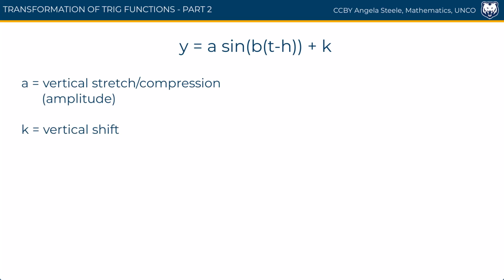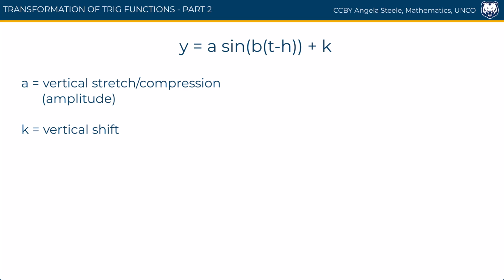In trig, we refer to that as the amplitude. I'm going to jump over to k. The k is the vertical shift, which in trig refers to the midline. Notice that both the a and the k are outside of the function, which means they affect things vertically. So it's either a vertical stretch or compression, or a vertical shift.